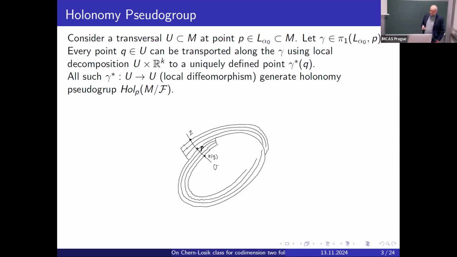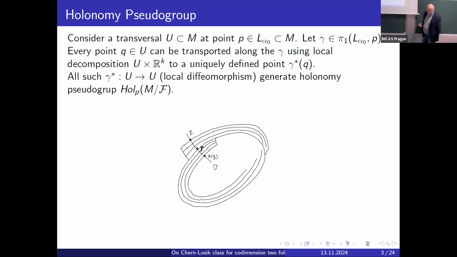Let's fix some leaf L alpha 0, some point P in this leaf, and consider a loop which starts in this point and ends in the point P. Then we can consider a transversal U. You can choose any transversal, and then any point Q can be transported along this curve using the local maps of the foliation. And so we will have some diffeomorphism, which will be only a local diffeomorphism on the transversal.